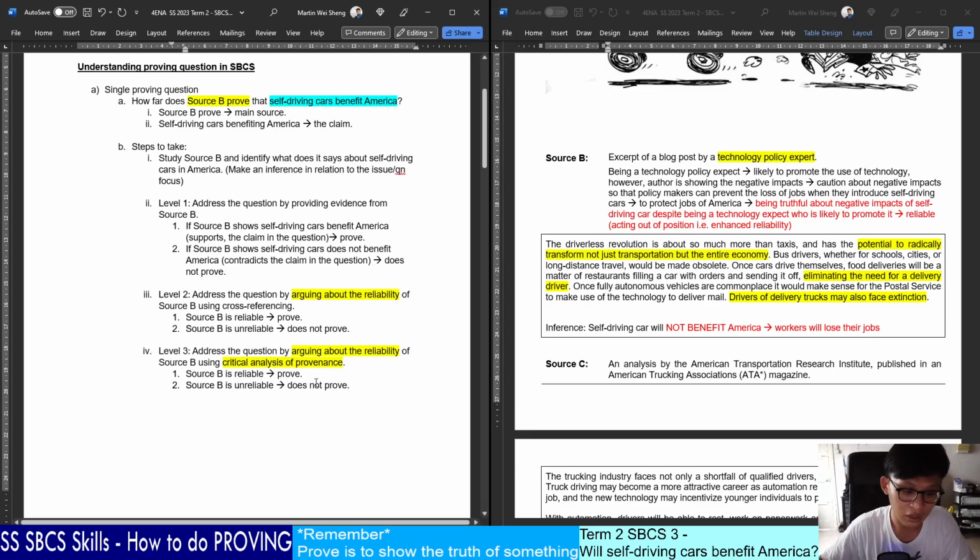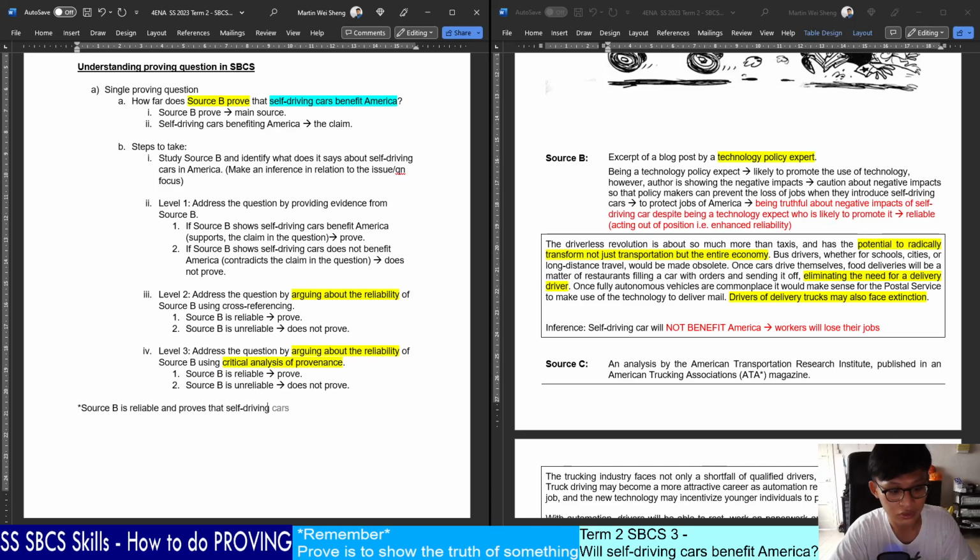Now let me just write this down so that you can take note of it. So source B is reliable and proves that self-driving cars is not beneficial to America.